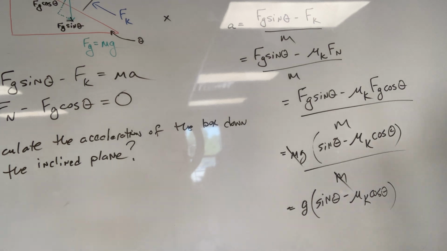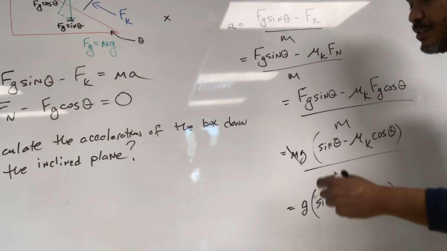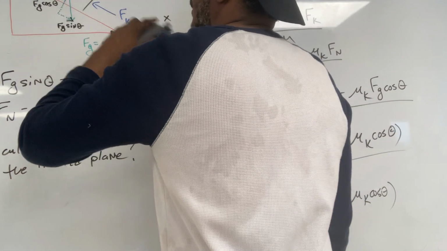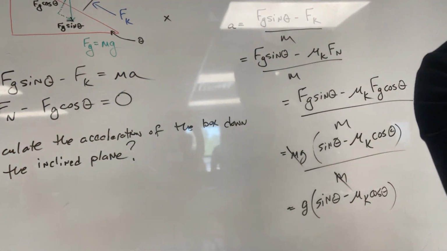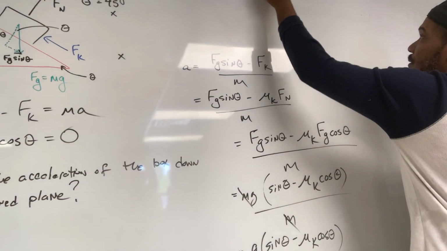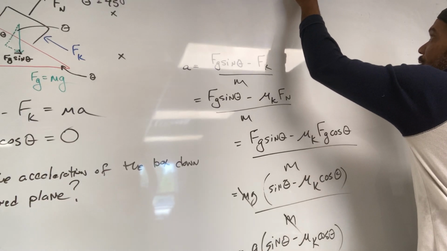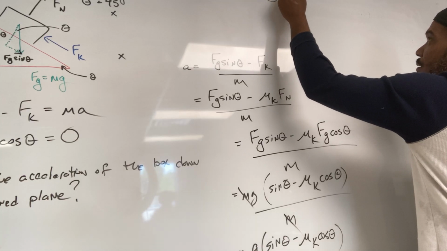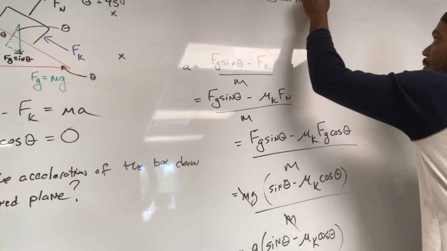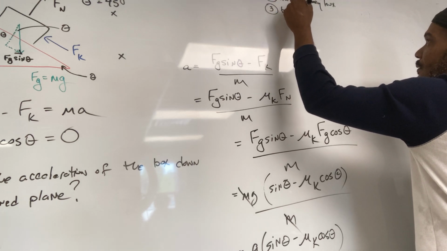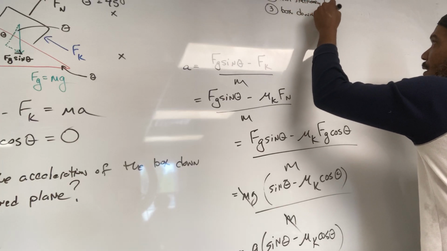Alright, and just before y'all go, I'll write them here, and we'll put them on the recording too. Let's write them down so we don't have any confusion about what is to be expected for chapter 4. Let's just turn the camera. There we go. So 1, stationary box. 2, non-stationary box. 3, box down an incline plane.